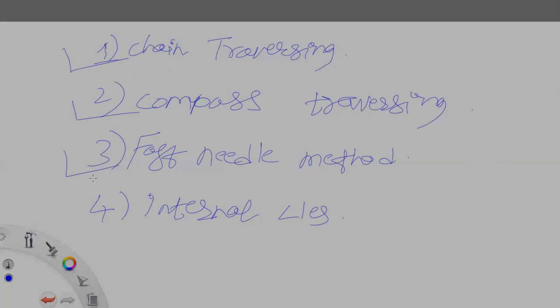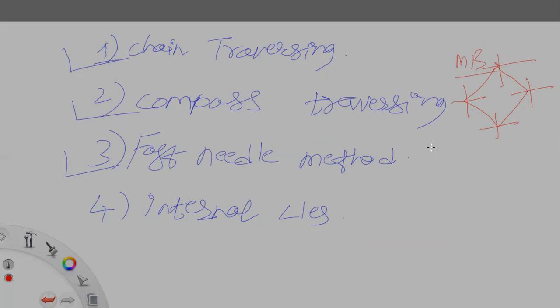I will just draw one simple traverse to make you understand. In compass traversing, you change your station points. You keep the compass at different station points and relocate it, and you take the magnetic bearing at each station point.